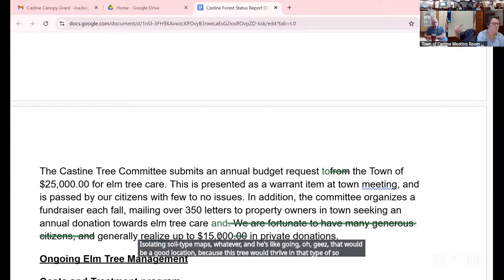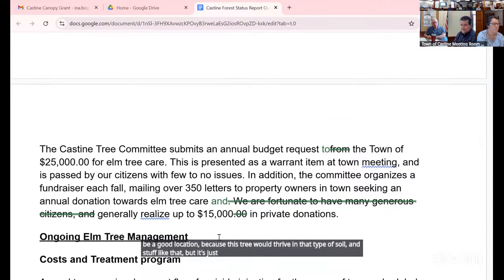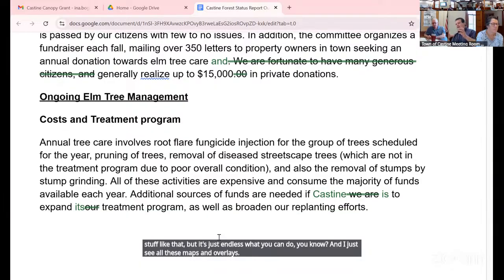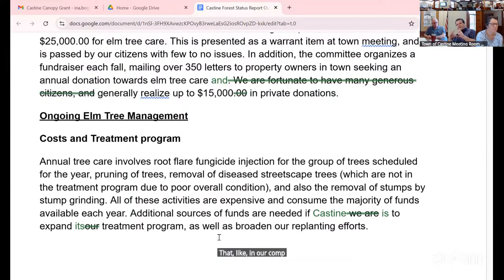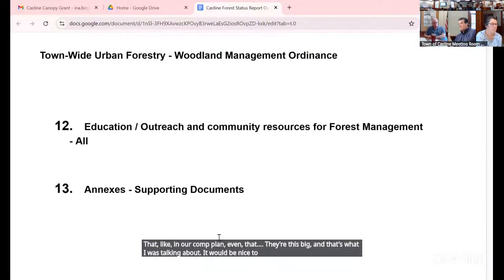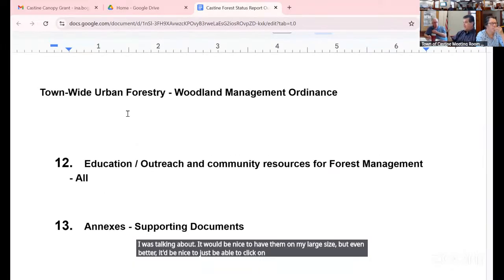It's just endless what you can do. I see all these maps and overlays in our comp plan that are this big, and it'd be nice to have them on Mylar size, but even better, it'd be nice to just click on them and start overlaying and pinpointing and working that data.